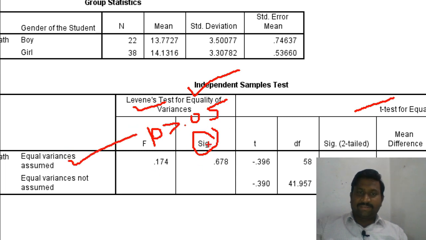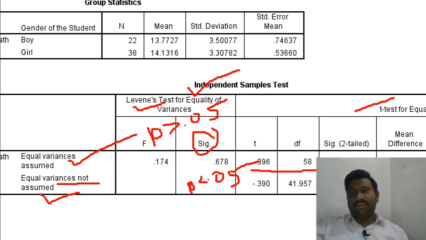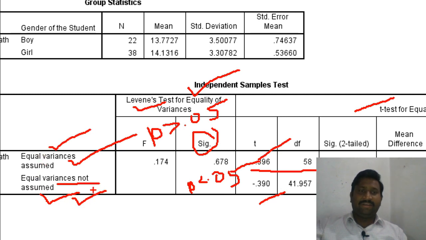And if this significance value p is less than 0.05, we assume not equal variance, then the lower values. So you can see it has two rows, the upper one and the lower one. When we are clear whether the sample has equal variance or not, then we see the t-test.